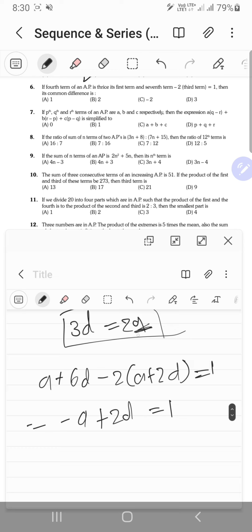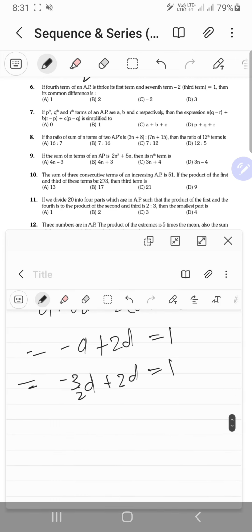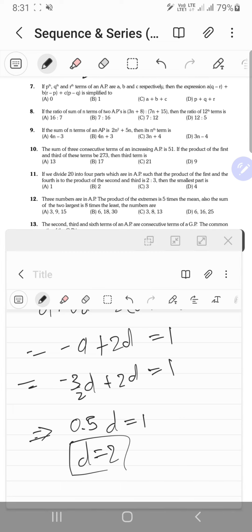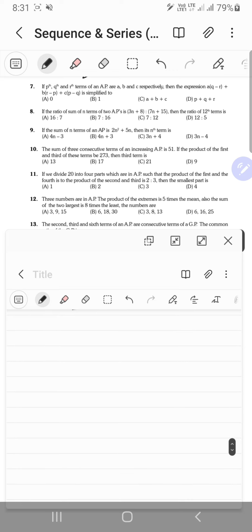Okay, and then a is 3 by 2d, so this will be negative 3 by 2d plus 2d equals 1. It's 1.5, right? So it's 0.5d equals 1. That means d is 2, right? Next, if p, q are terms of an AP, a, b, c respectively, the next expression, I've seen this somewhere, maybe.